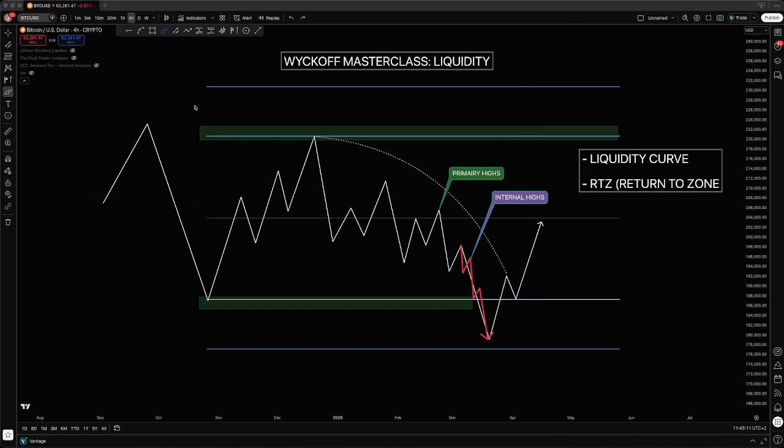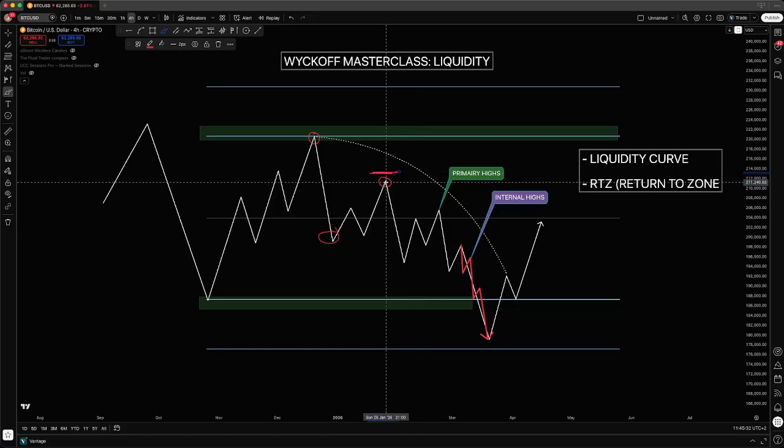The reason for this is, if the price comes down from here to here and it creates a new primary high like this, where do people put their stop loss? They will always put their stop loss above the primary highs.